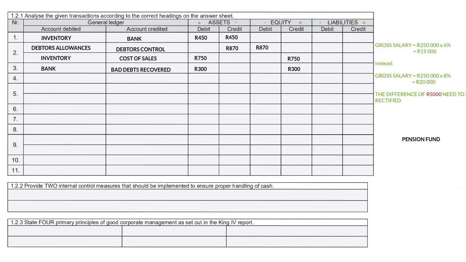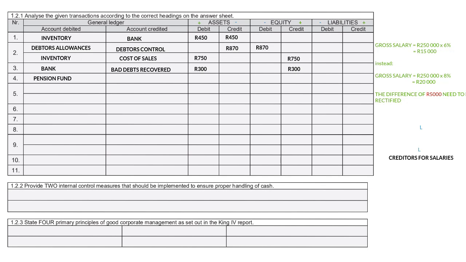So we are going to open two ledger accounts, the first one being known as pension fund, and the second one is called creditors for salaries. They are both liability accounts. So let's go put this into our answer sheet. The account to be debited is pension fund.